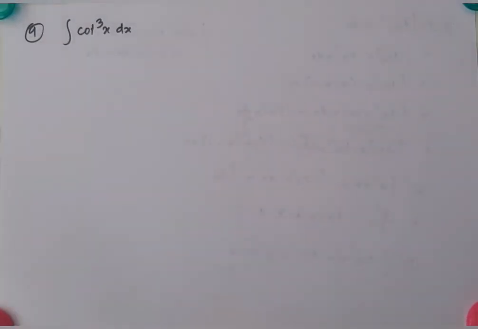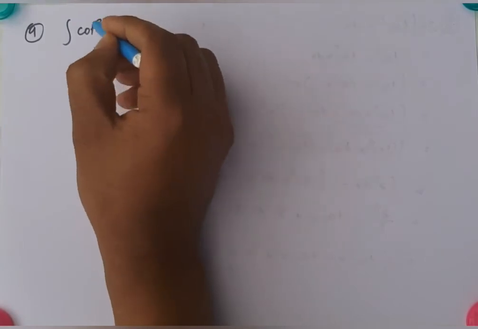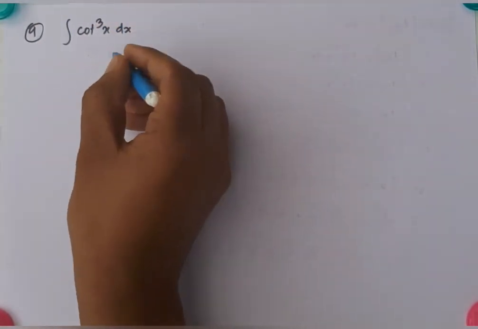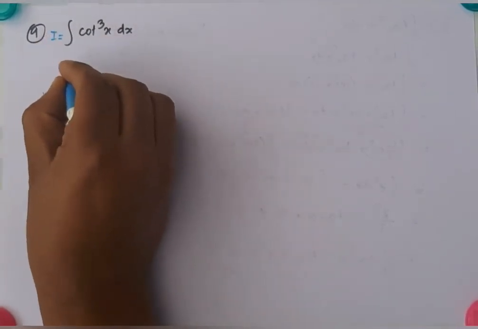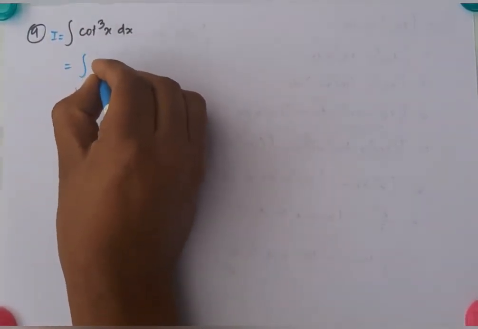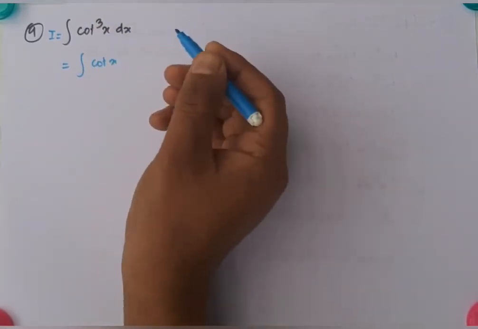Now if you look at this problem, the power given is odd, but we don't bother whether it is even or odd in the case of tan and cot. The only rule we need to follow here is, if this is your integral I, we write this as cot to the power n minus 2, that is 3 minus 2, which is just 1, so we need not write that.